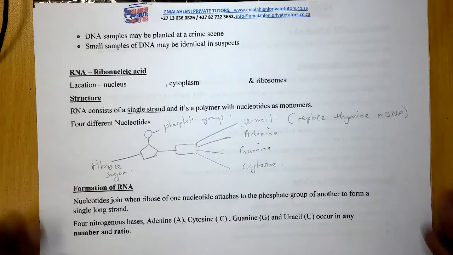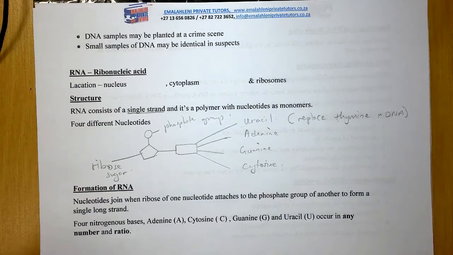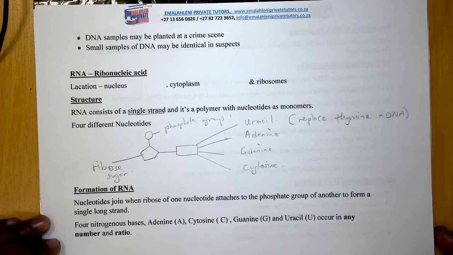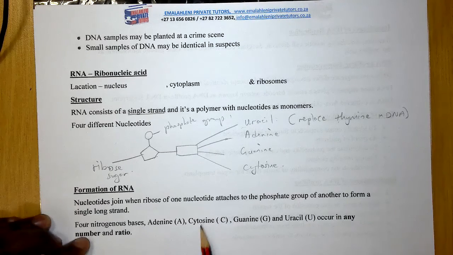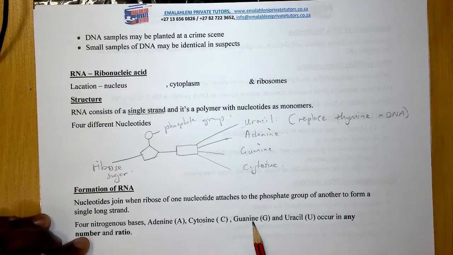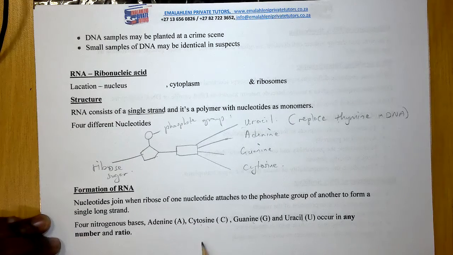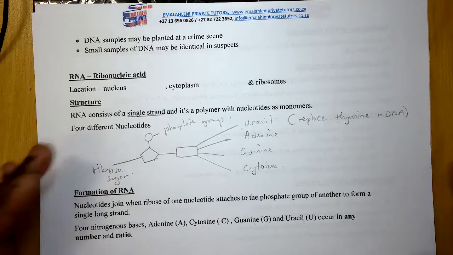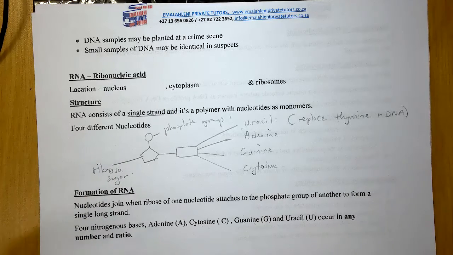Then formation of RNA: nucleotides join when the ribose of one nucleotide attaches to the phosphate group of another to form a single long strand. The four nitrogen bases, adenine, cytosine, guanine, and uracil, occur in any ratios. Because there is no pairing of bases, they occur in any sequence, and they are not equal.